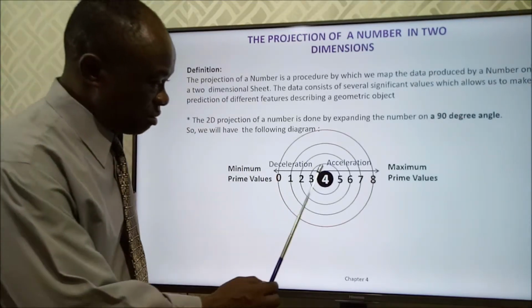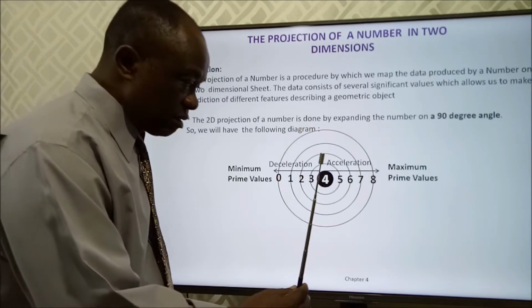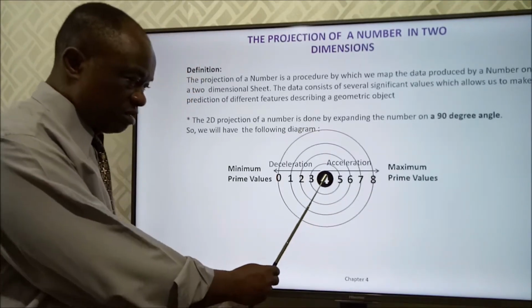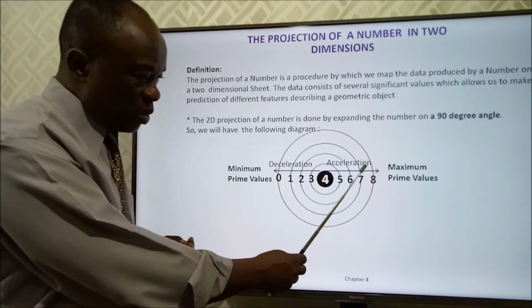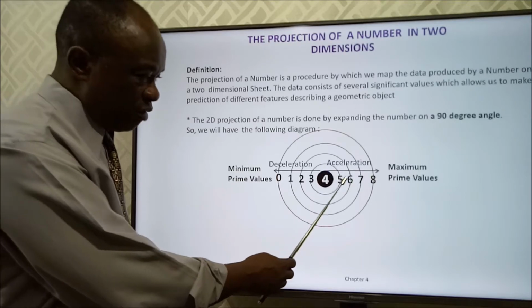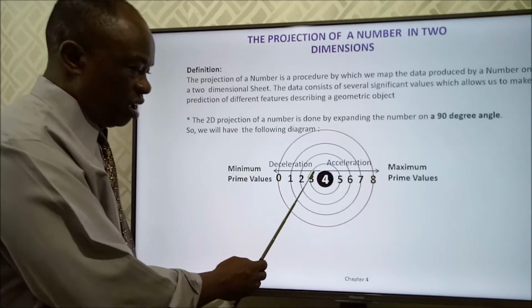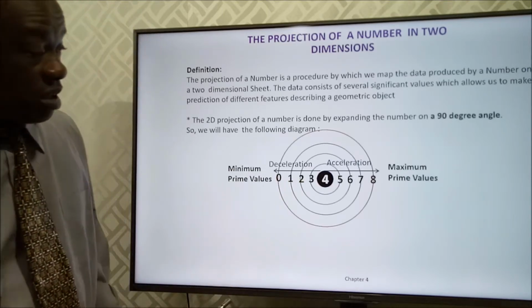As you see here, acceleration goes by counting forward, and deceleration counting downward. We see the values that we get: 5, 6, 7, 8, 3, 2, 1, 0.